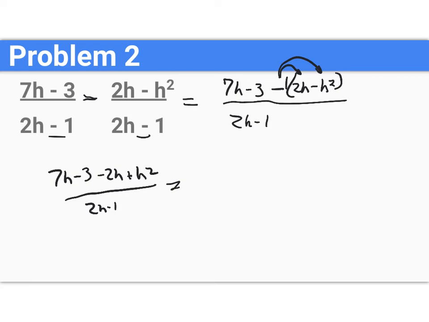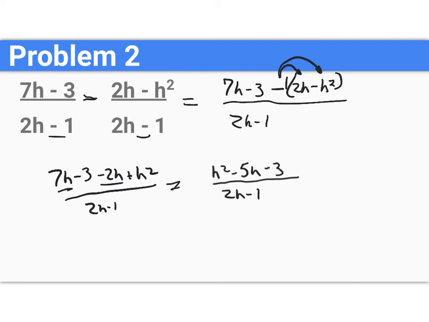Okay, and now combining like terms. We only have 2h and 7h that are alike, so you get h squared plus 5h minus 3 all over 2h minus 1. The factors of 3 do not add to 5, so we would have to put this into the quadratic formula, which is not necessary. It does not simplify easily, and you will get no 2h minus 1 term out of it.